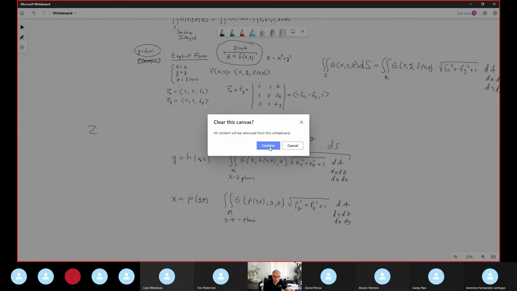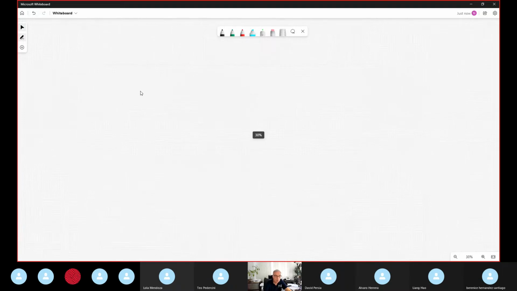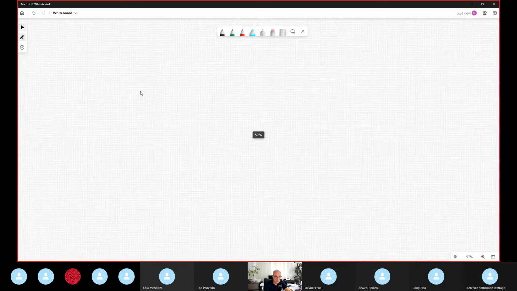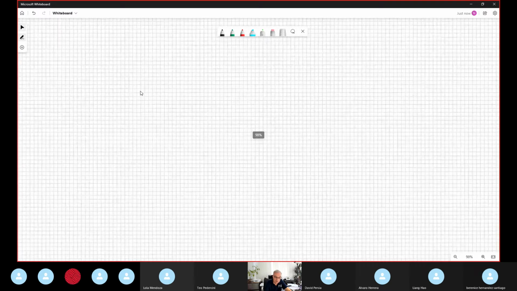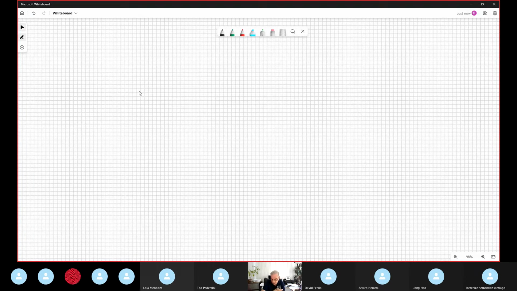So far, to compute a surface integral, we studied parametrization, completely general parametrization, u, v, but not necessarily always u, v. Maybe it's r, theta, phi, depending on the symmetry of the surface. If it's spherical, it's obvious that we're using spherical coordinates.